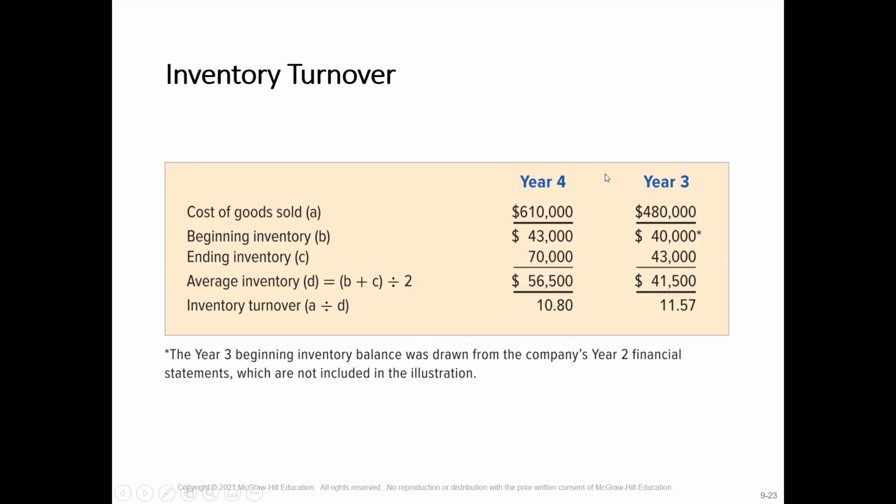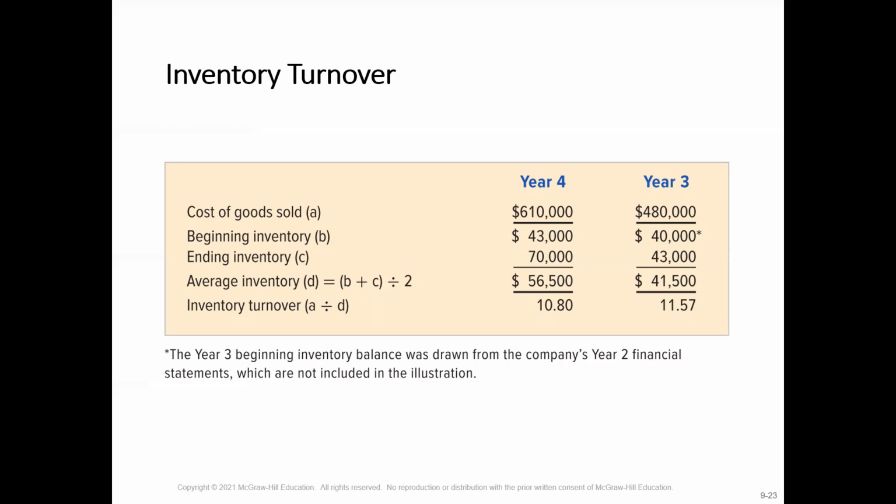And average inventory, much like average receivables in the receivables turnover, is determined by taking your beginning balance of inventory, the ending balance from the year before, adding to the ending balance in the current year, add the two, divide by 2. And once again, year 3's beginning inventory comes from financial statements, which are not presented in the chapter.